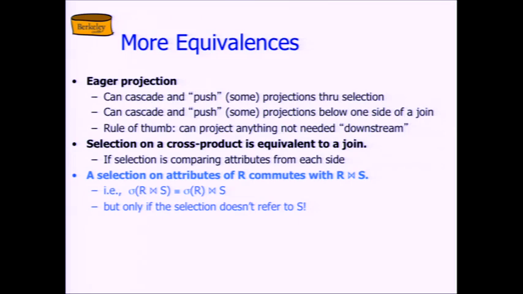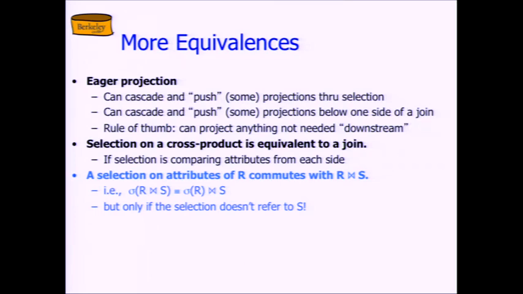Well, we can push this through the top join, down to here. But it's essentially a selection over the join of R and S because it references both R and S. So you cannot push it down either of these branches. Because if you pushed it down here and threw away things where R dot A does not equal 4, you might miss out on some pairs R comma S where S dot B did equal 6. So you can't tear this thing apart and push it down both sides. Okay.